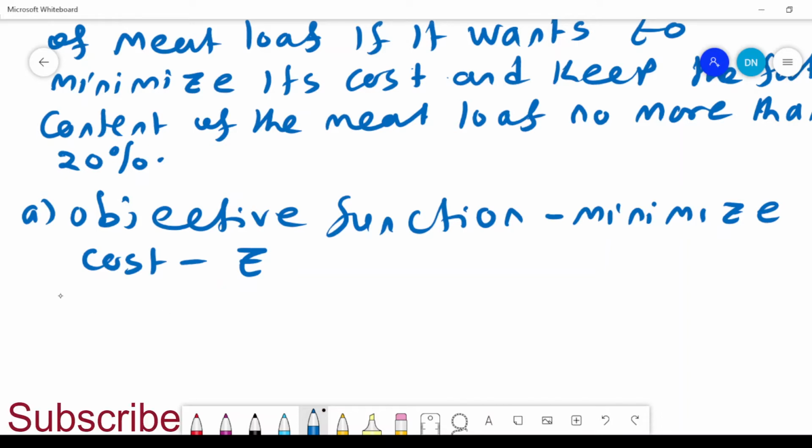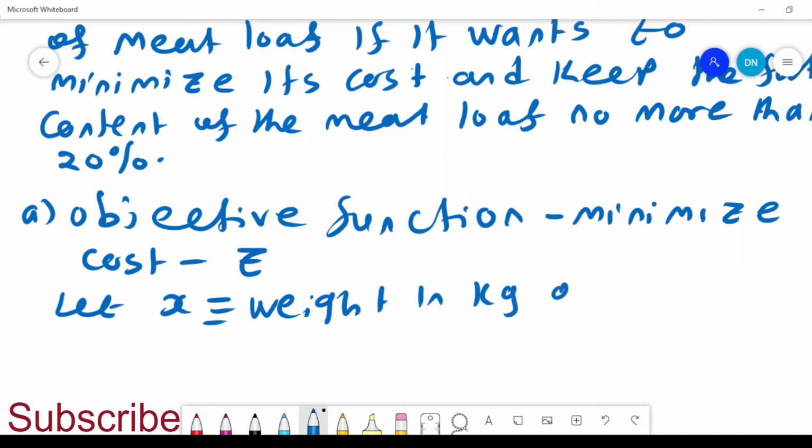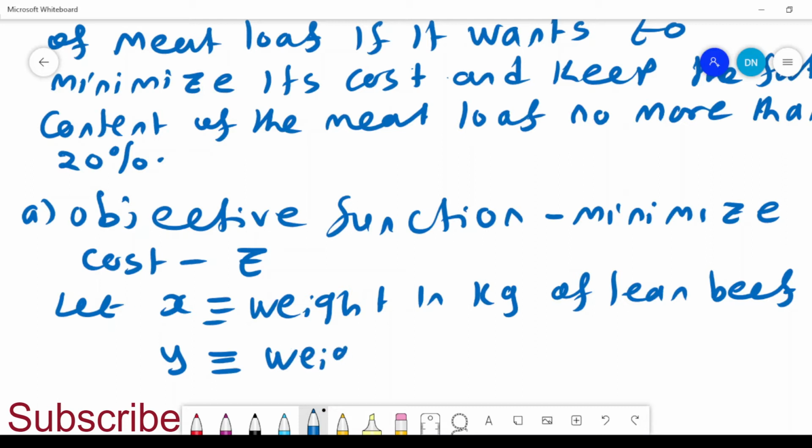So the first thing is we let x be equal to the weight in kg of lean beef, and then we let y be equal to the weight in kg of lean chicken.